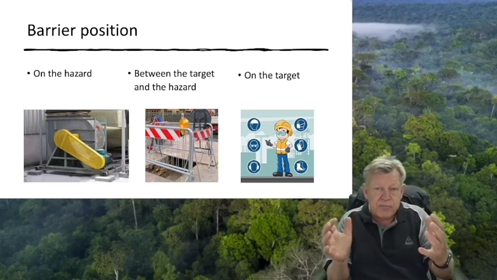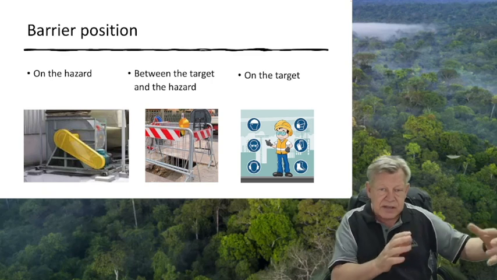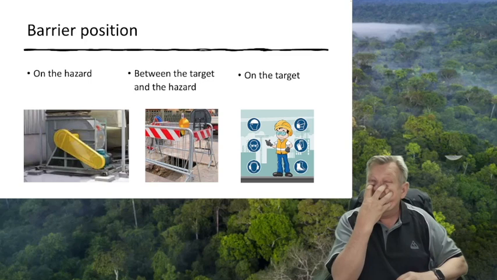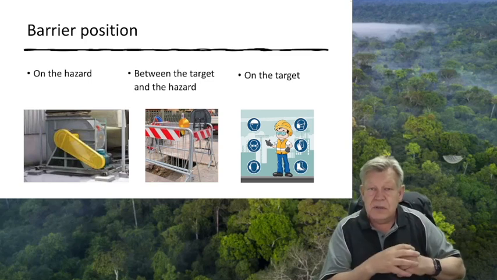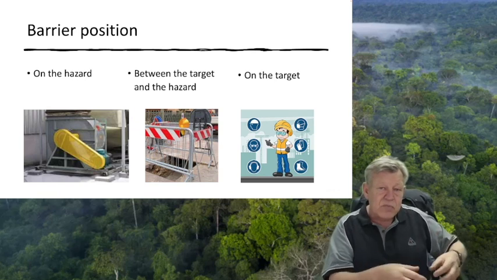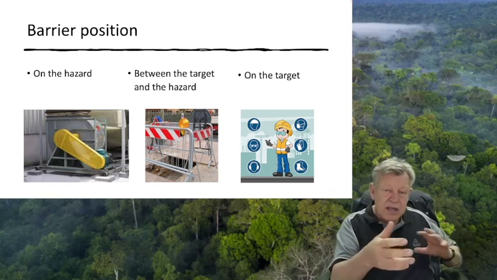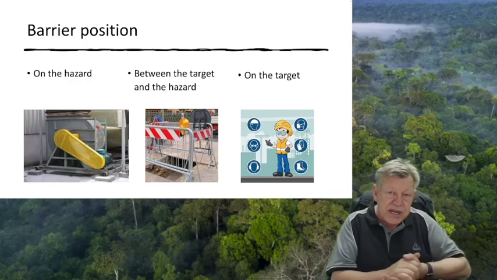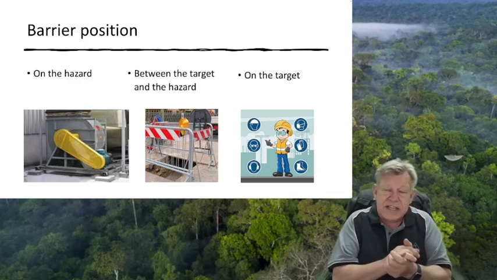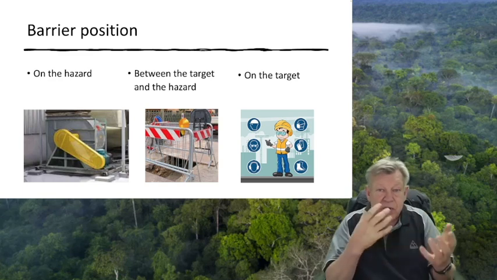Now, a barrier we can put on the hazard. So, there's a dog that can bite us, so what we do is we put a muzzle on his mouth. Now the dog cannot bite me. The same with the machine. The machine has got moving parts or areas where the energy can come out of the machine in an uncontrolled fashion, or I can put my hand in there and get exposed to some of that energy of the moving machinery.